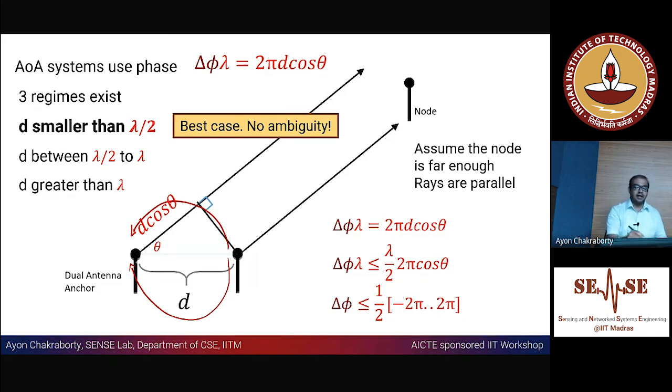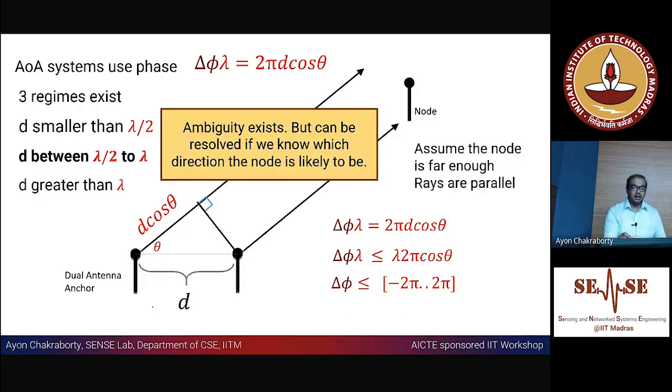If it is less than lambda by 2, there is no ambiguity. The angle could be this one, this one, or this one, anything. You can know the direction of arrival just using this two antenna system. If it is going to be less than lambda but greater than lambda by 2, it will be minus 2 pi to plus 2 pi, so there is going to be an overlap.